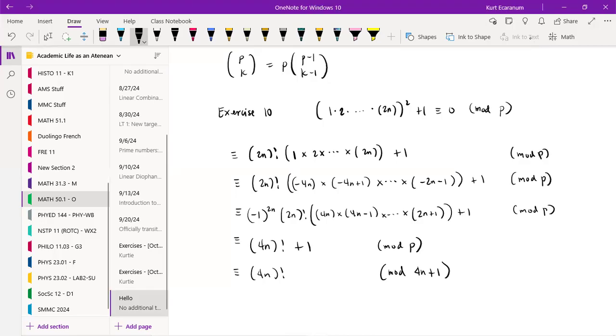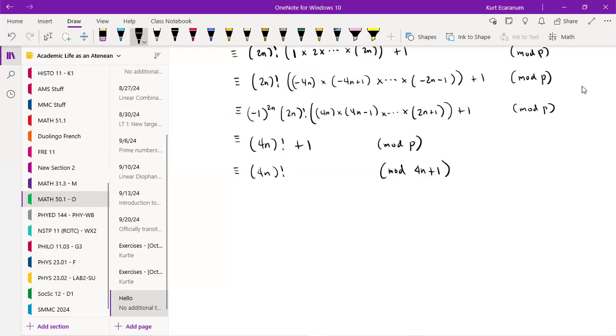And so the factorial, by Wilson's theorem, 4n factorial is congruent to negative 1 mod 4n plus 1, which means we have negative 1 plus 1 congruent to 0 modulo p.